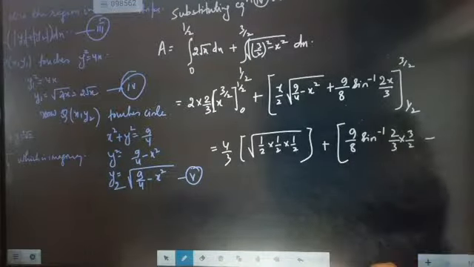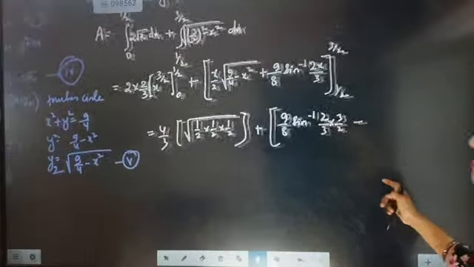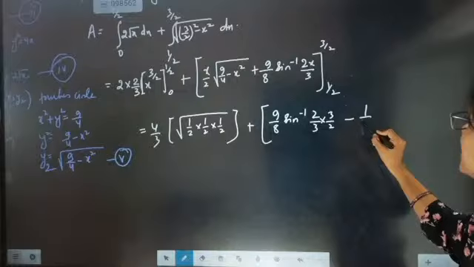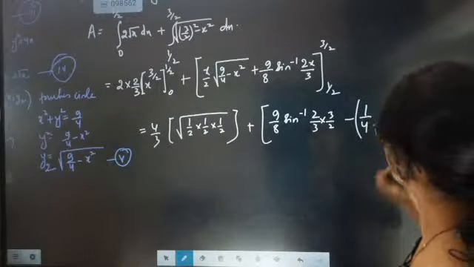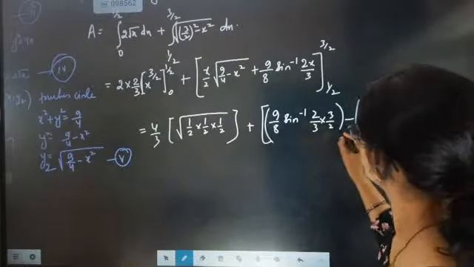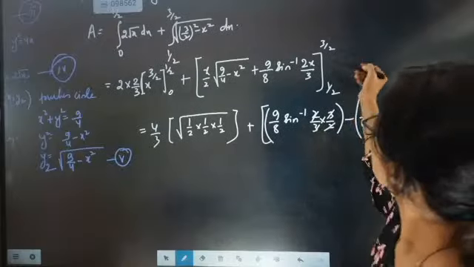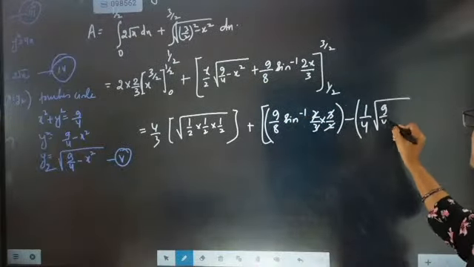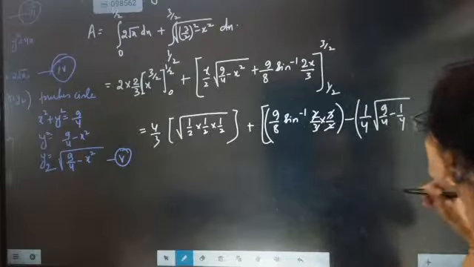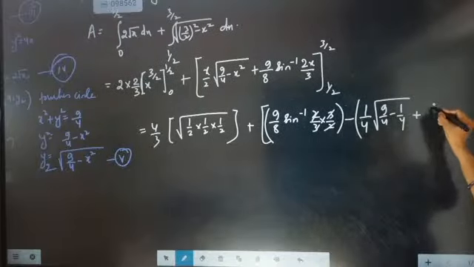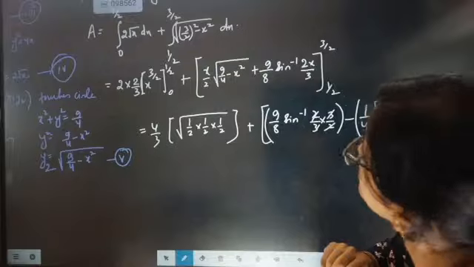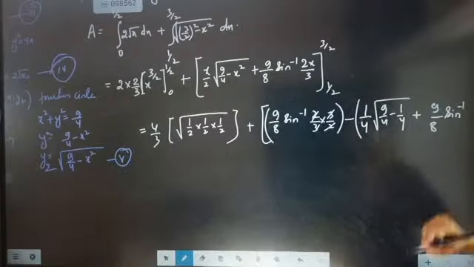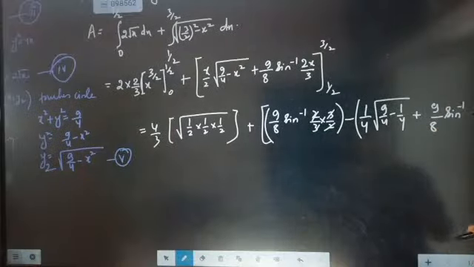Now the minus section: it is going to be 1 by 4 times x, so 1 by 4, and this will cancel. Now this part I am writing: root of 9 by 4 minus 1 by 4, plus 9 by 8 sine inverse of 1 by 2.